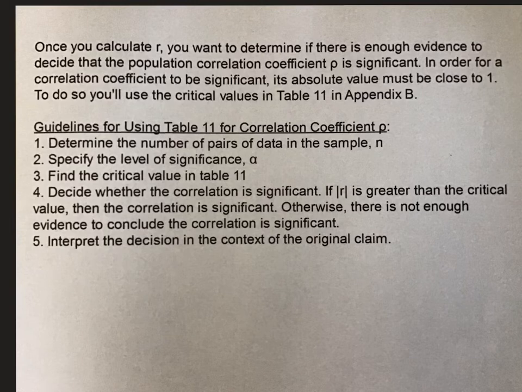So it really does have to deal with what our r value is, but whether it's significant is also going to depend on if it is a larger sample or a smaller sample. If it's a smaller sample, it can still be significant depending on having a lower r value, or the same thing if it's a bigger sample size. So it all just depends on what our sample size is and what our r value is.